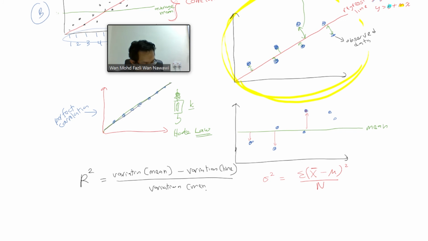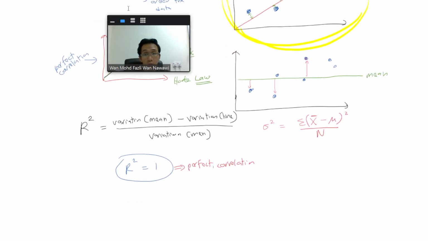So you know what we call the mean is this. The mean is this. So basically, if R square is 1, what does it mean by R square is 1? R square equal to 1 is basically when you have perfect correlation. Perfect correlation. Okay, so that is what R square equal to 1 means.